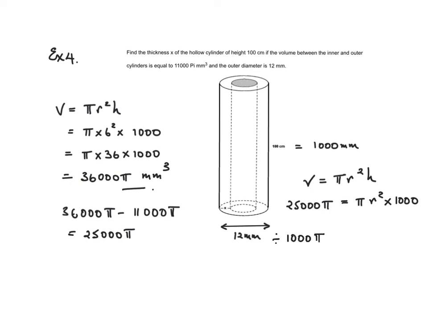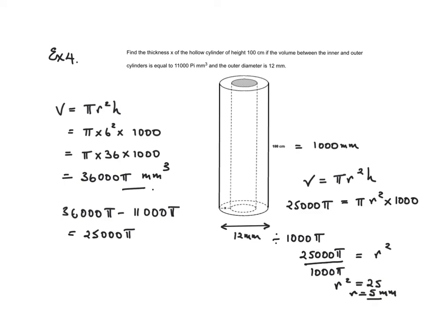So I'll have 25,000 pi over 1000 pi equals r squared, and that means that r squared equals 25, and if r squared equals 25, r equals 5 millimetres.